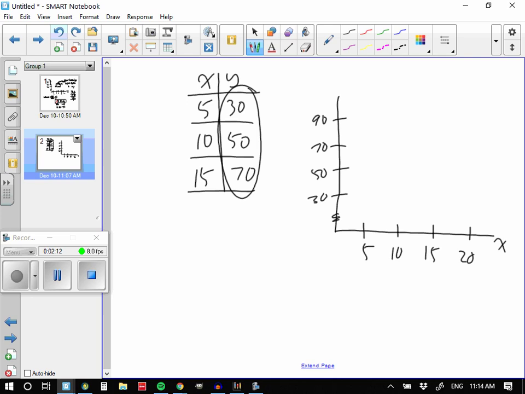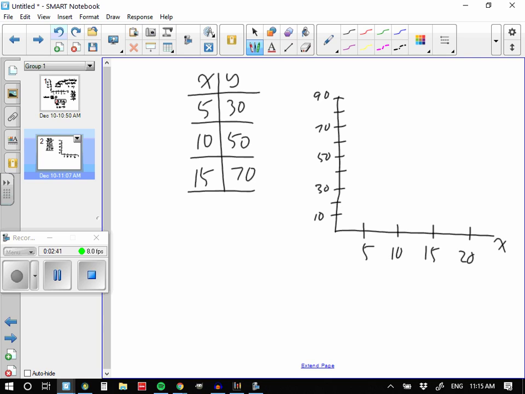But since my numbers are now outrageous, I am simply going to go 10, 20, 30, 40, 50, 60, 70, 80, 90. I'm going to go by 10s, and I'm going to label every second one. I don't have to label every one.